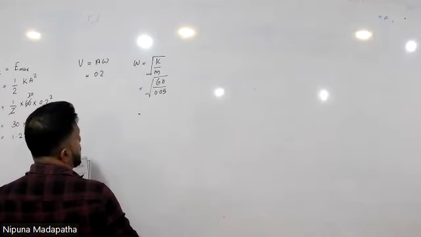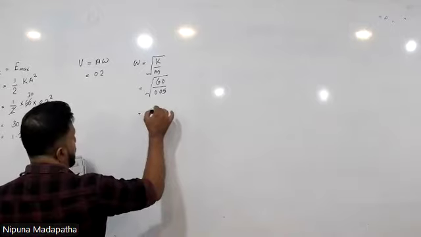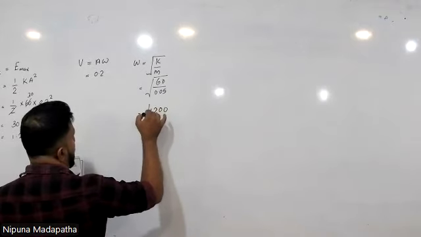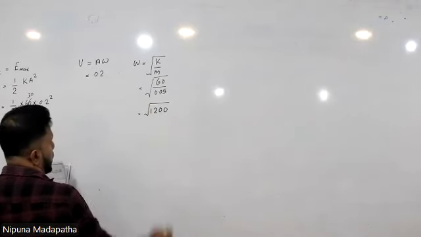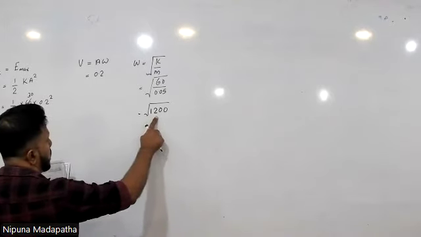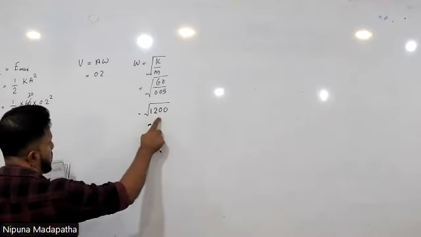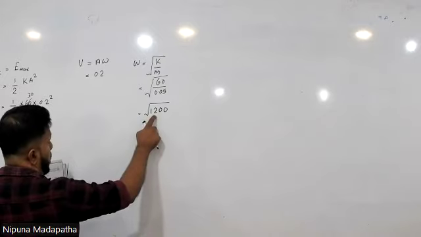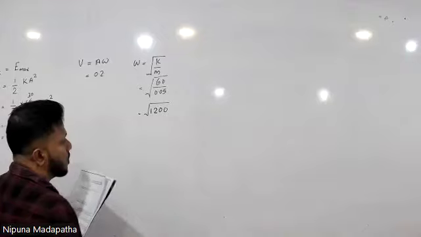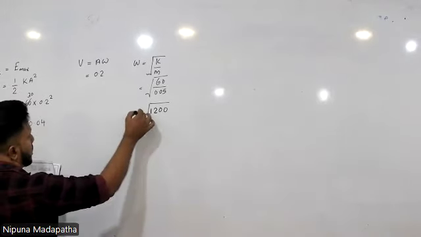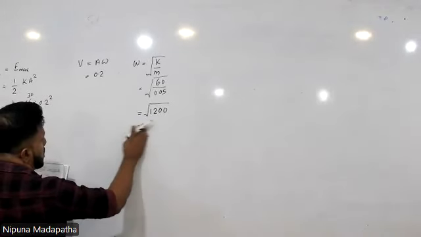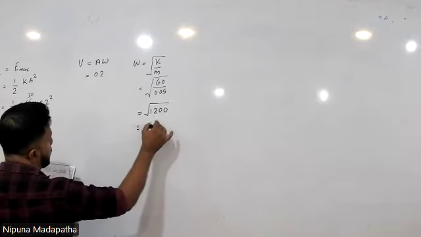So 6,000 over 5, which is 1,200. Square root of 1,200: 400 times 3 is 1,200, and the square root of 400 is 20. So the answer is 20 root 3.